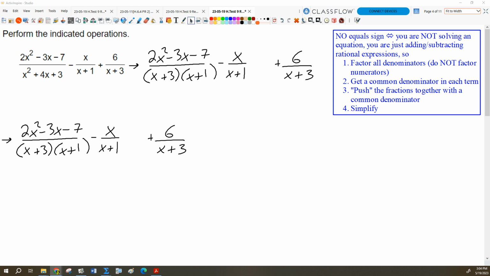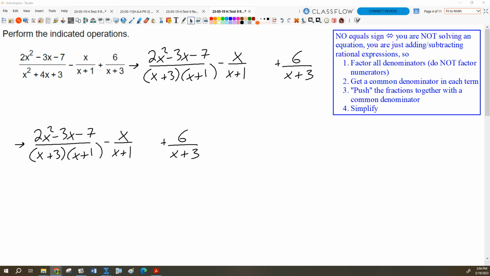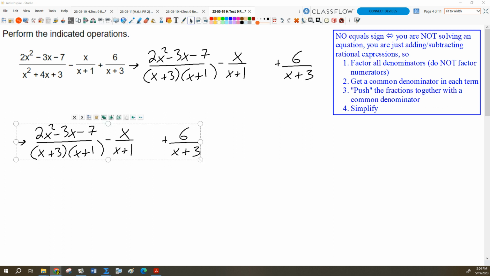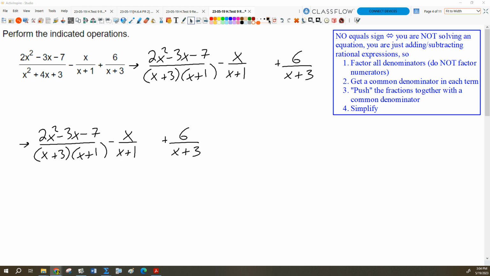Okay, so now what? Yeah, we got to get common denominators, don't we? So how am I going to accomplish that? What is my common denominator going to be?